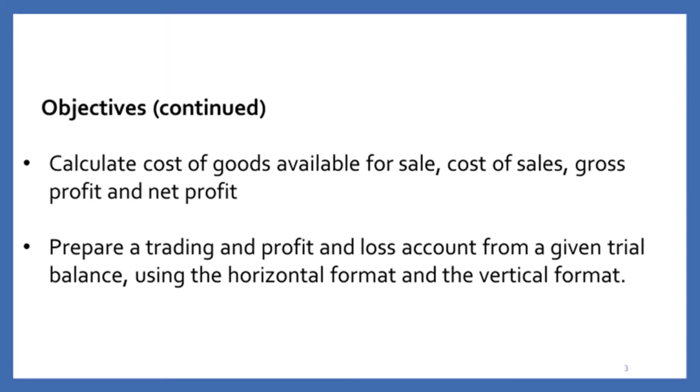And you will prepare a trading and profit and loss account from a given trial balance using the horizontal format and the vertical format. Let us continue from where we left off.